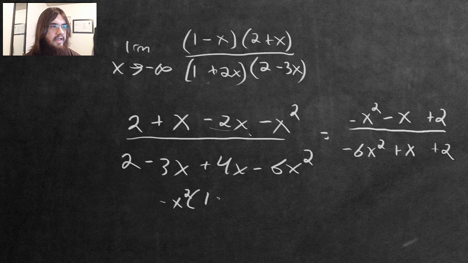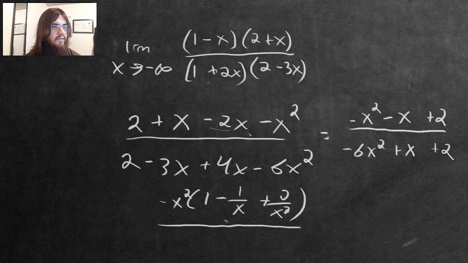Then we'd have a 1 in here, subtract, and that would be just a 1 over x there, because if you multiplied it through, you would just get an x there, so it makes sense. Then 2 over x squared. All of this over, and we have to factor out x squared from the bottom as well. Leaving me with a 6 there, add, and then the same thing, 1 over x, then add 2 over x squared.